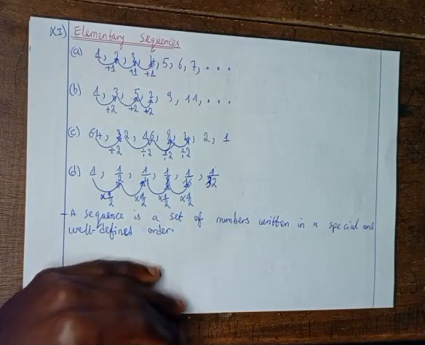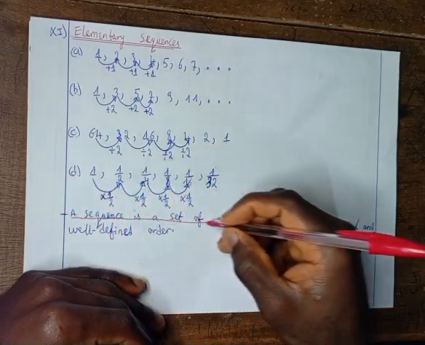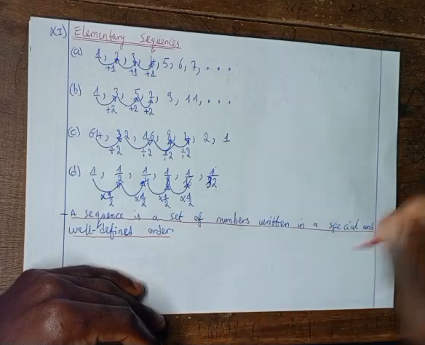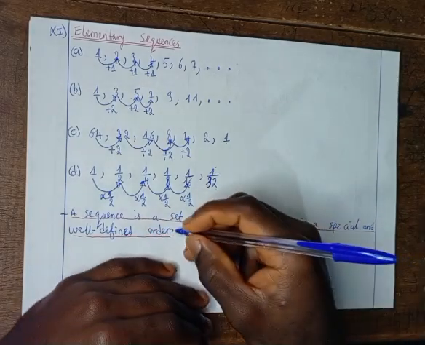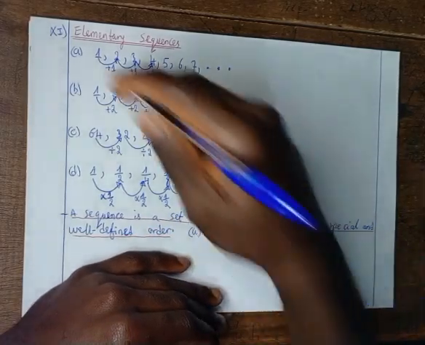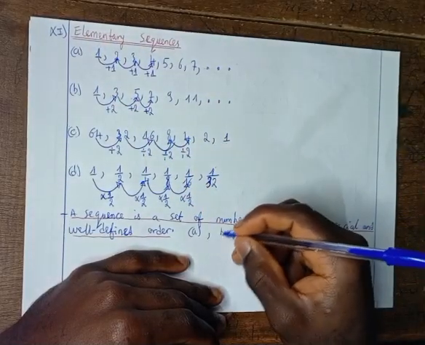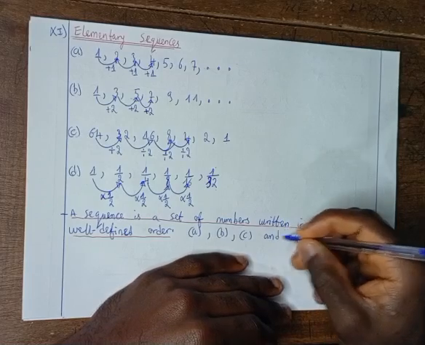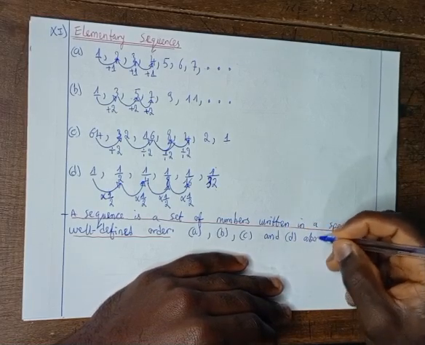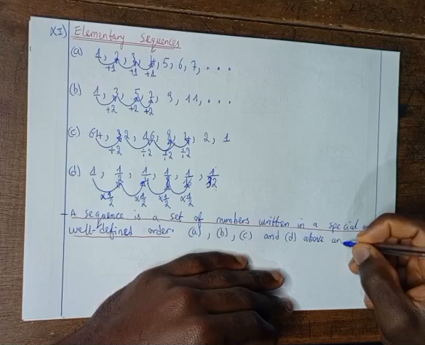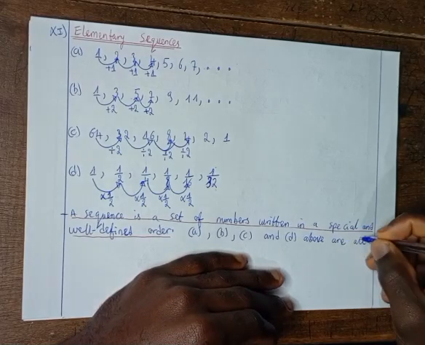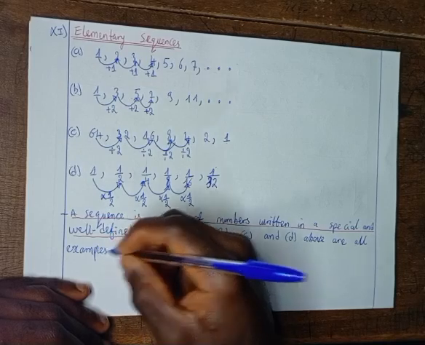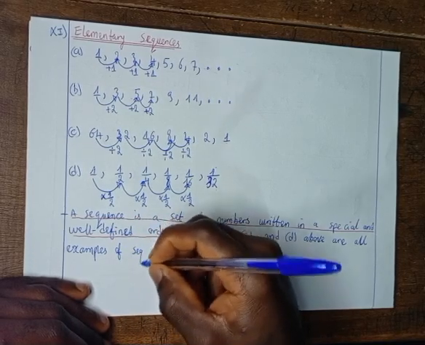Full stop. I'll underline the definition. It's very important. A, B, C, and D above are all examples of sequences.